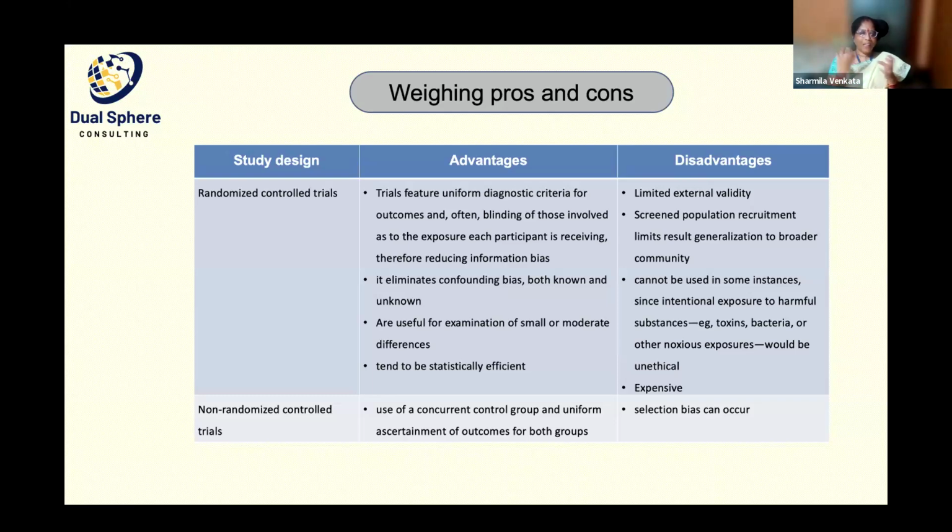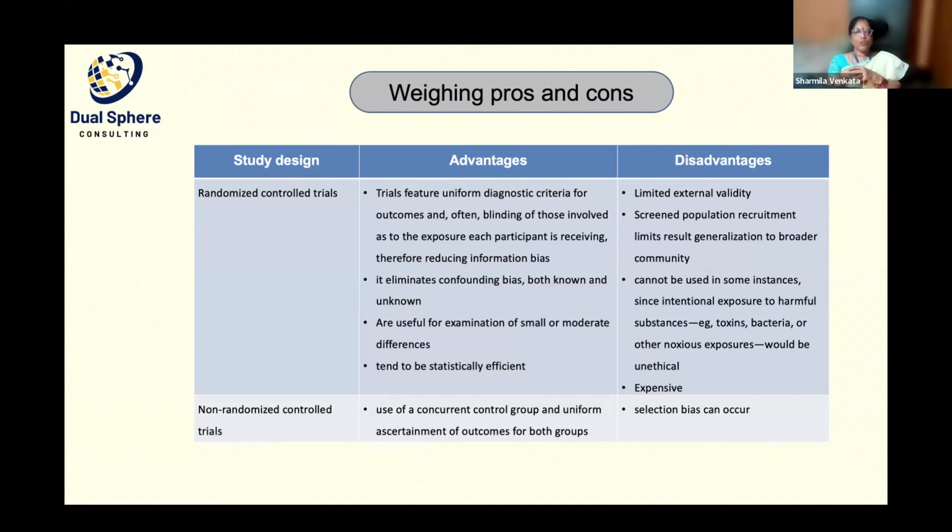Randomization balances out both known and unknown confounders, eliminating bias from baseline differences. They are statistically powerful and efficient, even for detecting small or moderate differences. And they are considered the gold standard because they minimize bias better than any other design.